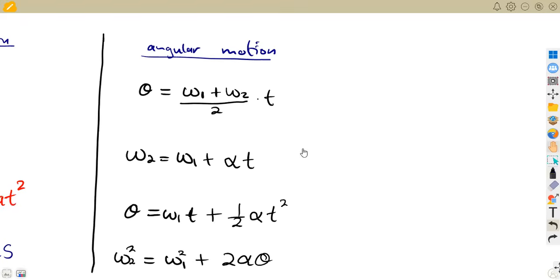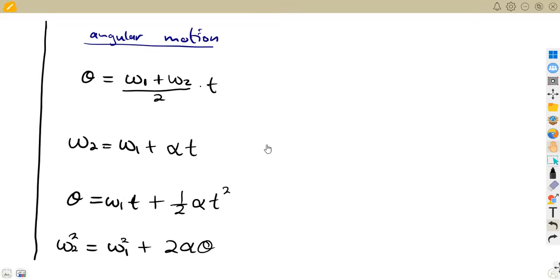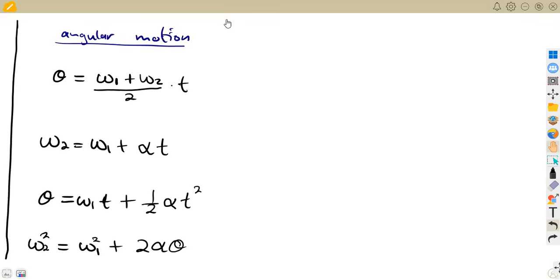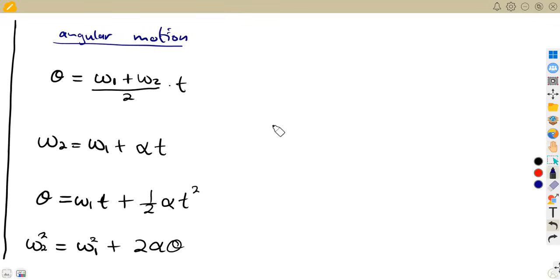In basic form, we can have this as omega 1. This is our initial angular velocity, measured in rad per second.